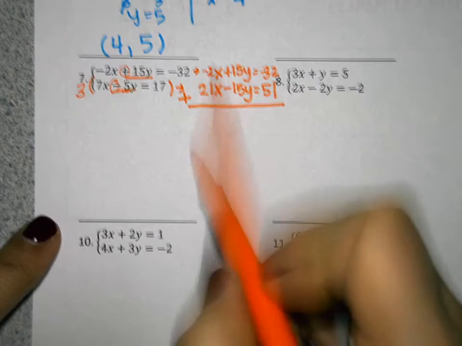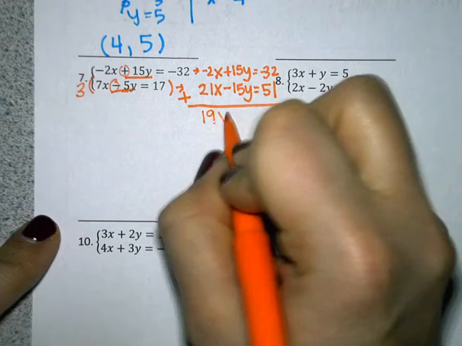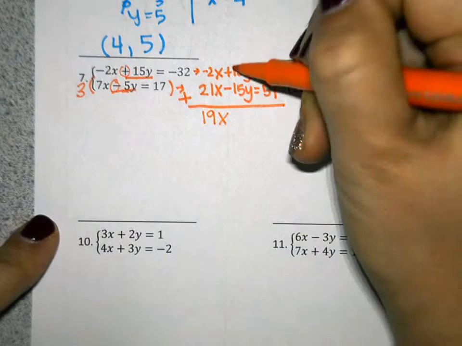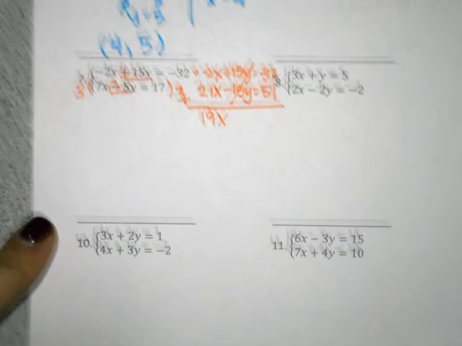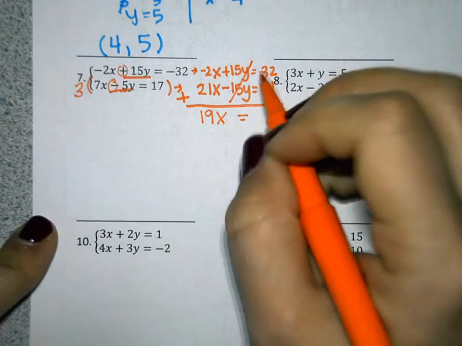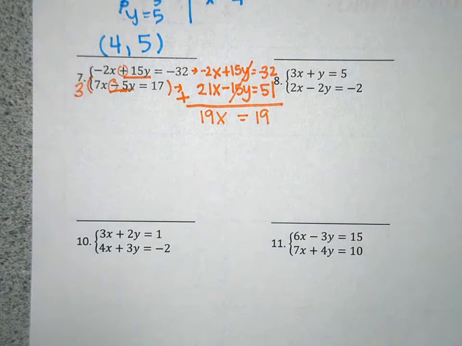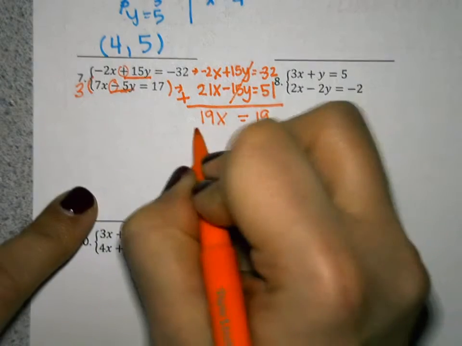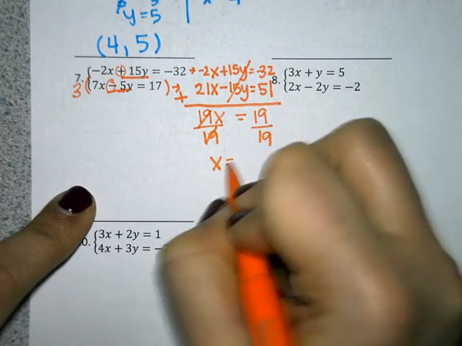So then we add straight down. -2x plus 21x is 19x. 15y minus 15y eliminates, which is what we wanted to happen, and -32 plus 51 gives me 19. Divide both sides by 19, and I get x equals 1.